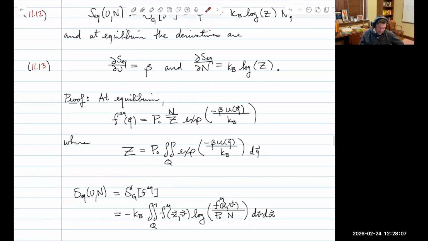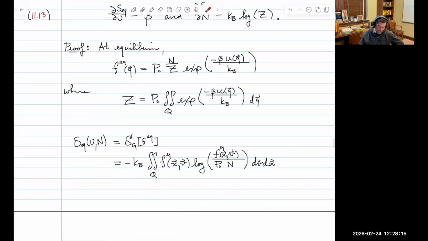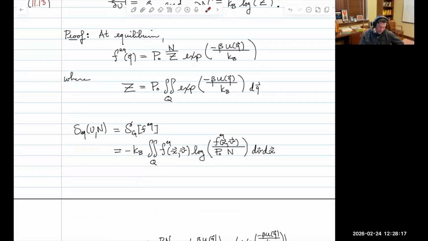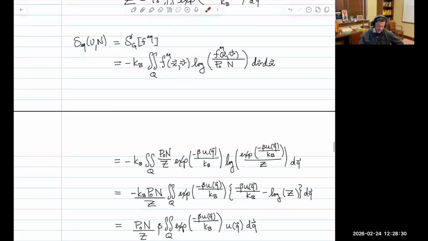So at equilibrium, we have the Maxwell-Boltzmann distribution. This, of course, is the so-called partition function. All we're going to do is define this as the entropy at the equilibrium state. So plug in the equilibrium state for the Gibbs entropy function and turn the crank.